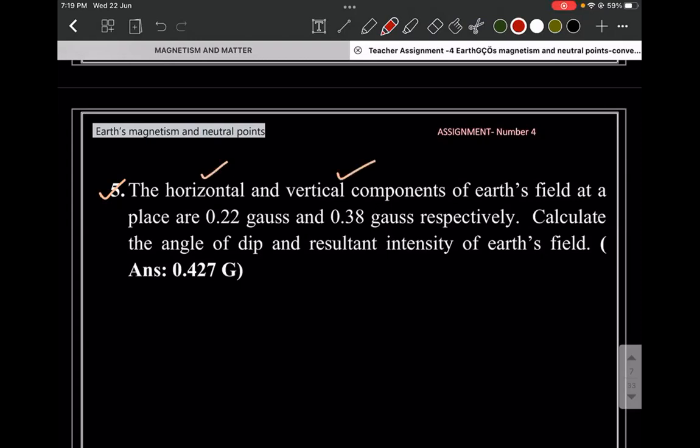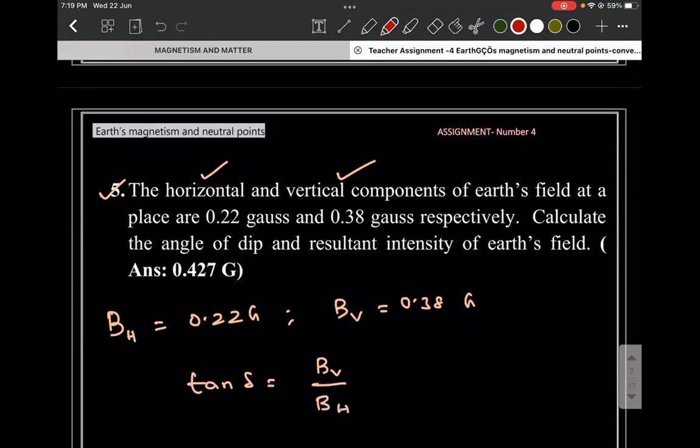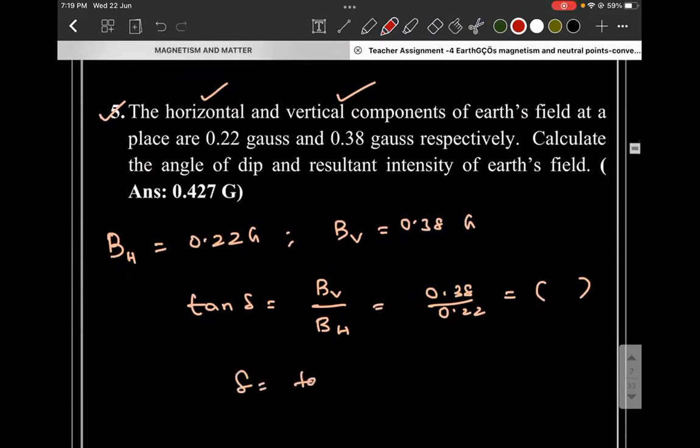The horizontal and vertical components of Earth's magnetic field at a particular place are 0.22 Gauss and 0.38 Gauss. Calculate the angle of dip. Tan delta is BV divided by BH, which is 0.38 divided by 0.22. So you will calculate this value and you can write delta is equal to tan inverse of whatever value you get here. The next is you need the resultant intensity of Earth's magnetic field.